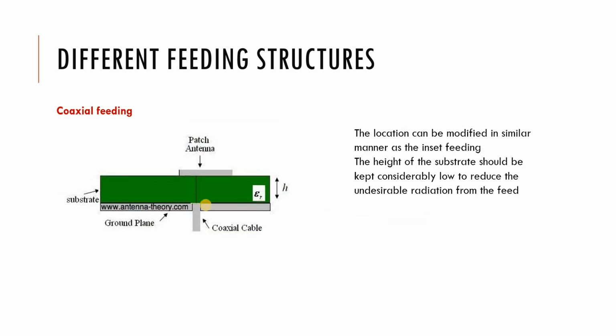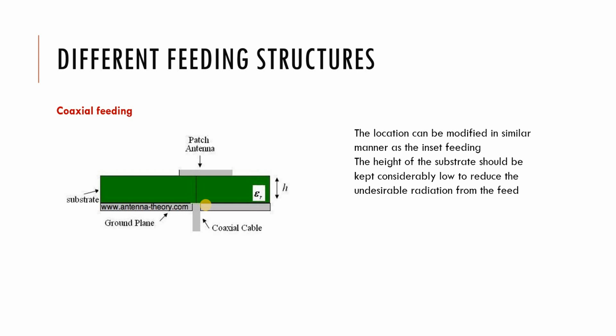Also, you can see the coaxial feeding. The location can be modified in a similar manner to the inset feeding. You can see the feed goes through the patch antenna, and this way you can reduce the undesirable radiation from the feed.